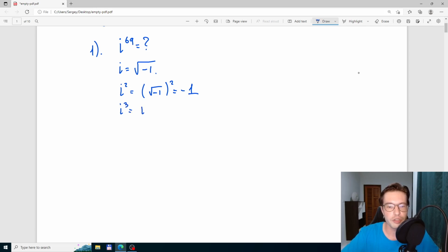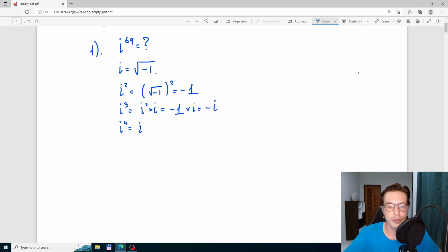Now, what is I cubed? That will be I squared times I. Now, we know that I squared is minus 1. So for I cubed, we get minus 1 times I, which is minus I. Now, what do we get if we raise I to the power of 4?